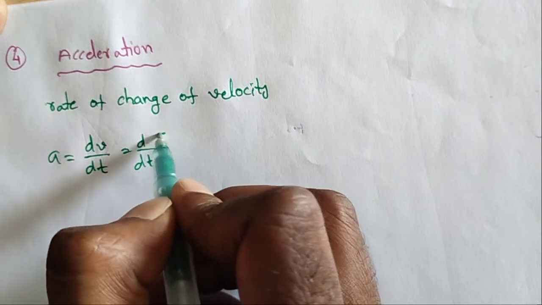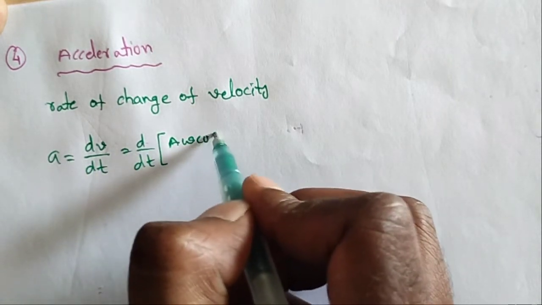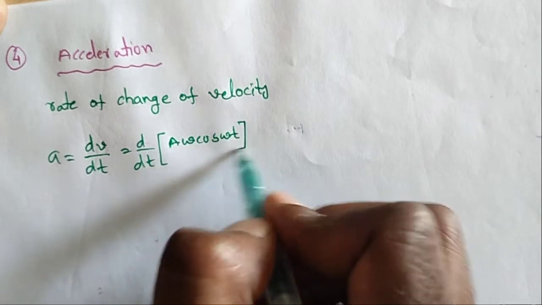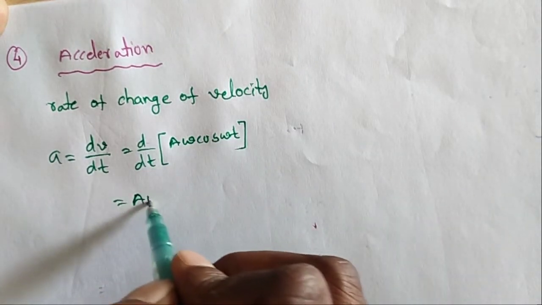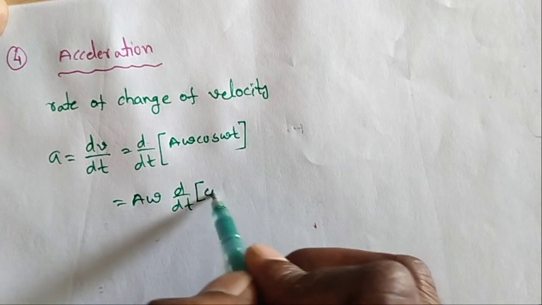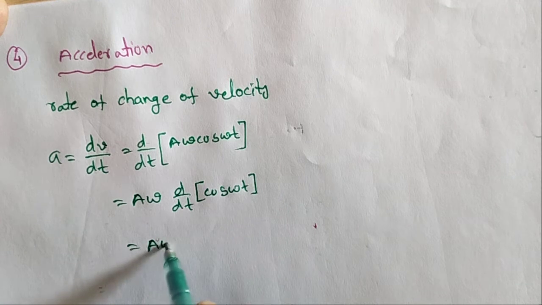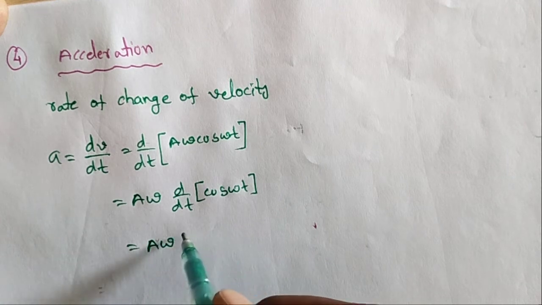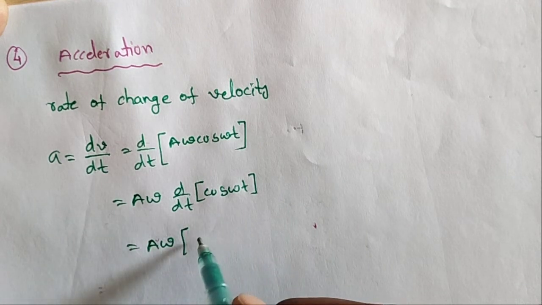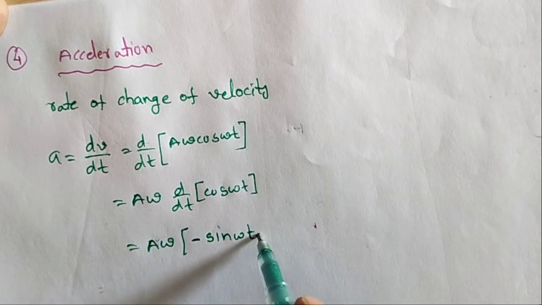What is the velocity? We know that v is equal to a omega cos omega t, where a and omega are constant. d by dt of cos omega t, differentiation, gives minus sin omega t into omega.